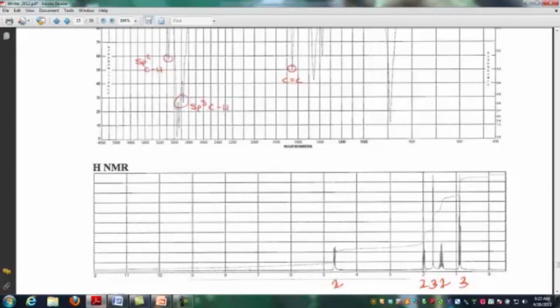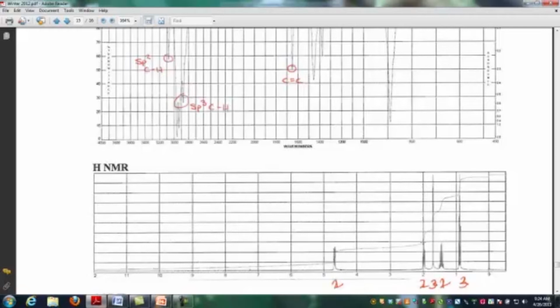Something else I'm noting here would be the integrations. This would be the line that I am tracing for you right now. And again, these are ratios, so you've got to remember you're looking for ratios. The smallest of those peaks to me appears to be this one right here at 2.